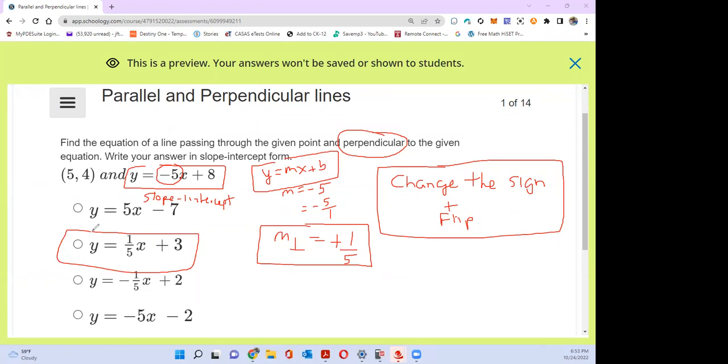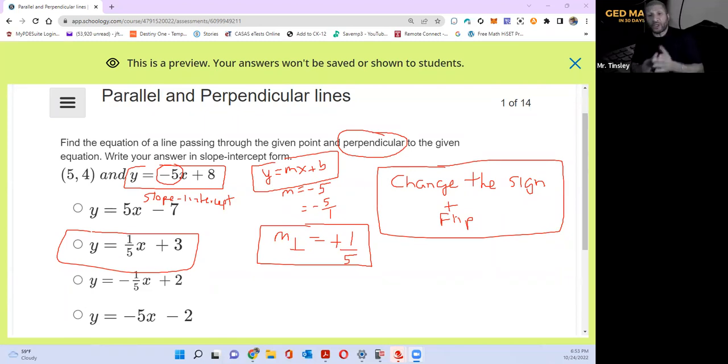That's it. Now, let's find an example where all the slopes are the same. So let me just revisit real quick. They gave you a point. They gave you an equation. First thing you do, find the slope of that line. The slope of that line was -5.